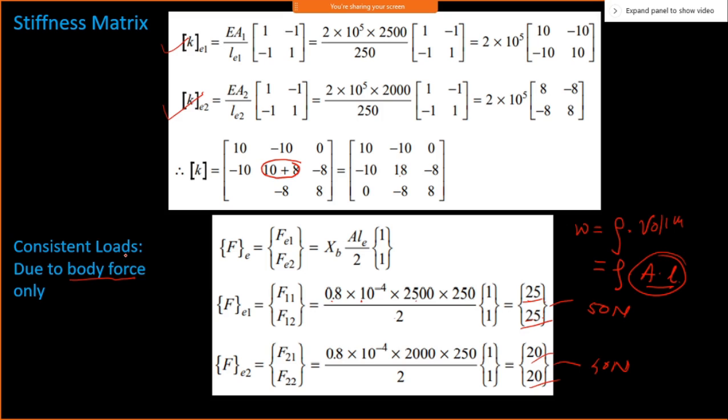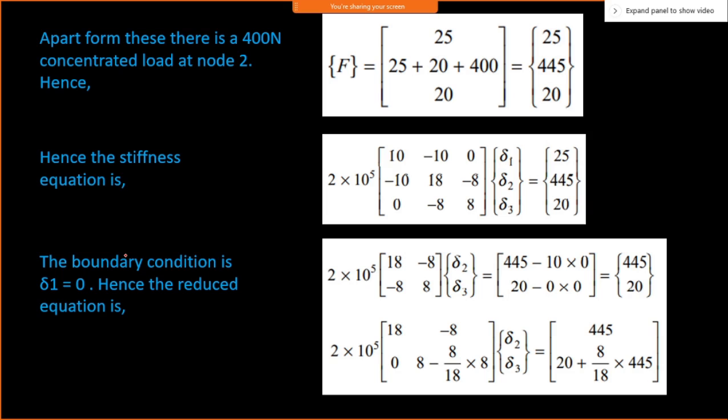If it is a three noded element, obviously I need to convert into three different loads. So apart from these body forces, we have a point load onto this, that is 400. Here you can see node number one is 25, 25, number two is 20, 20, and that is the point load. I can now go on adding all these forces to result into one.